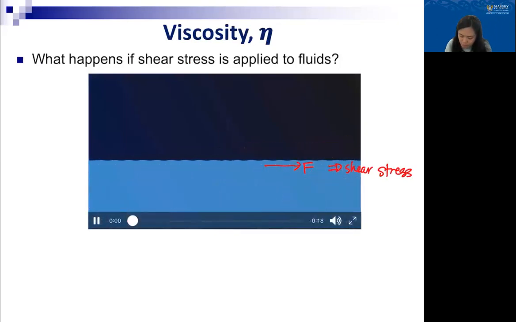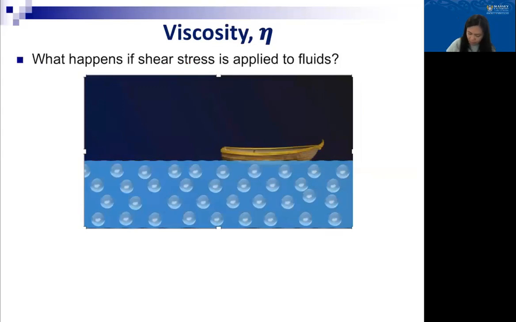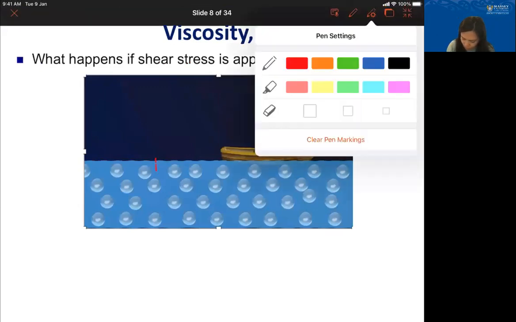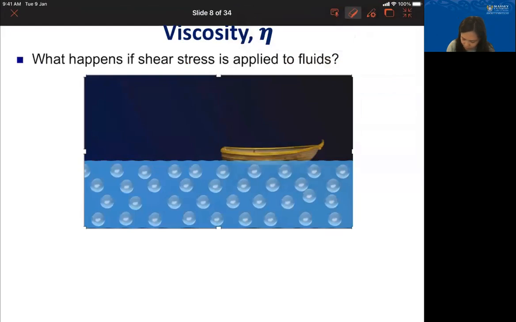Okay, so if we look at a particular reference point, let's see how the particles moved with respect to that reference point.